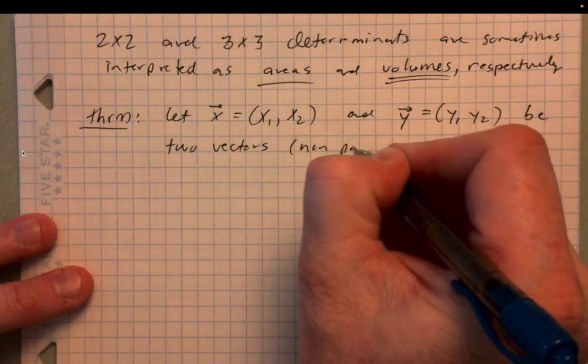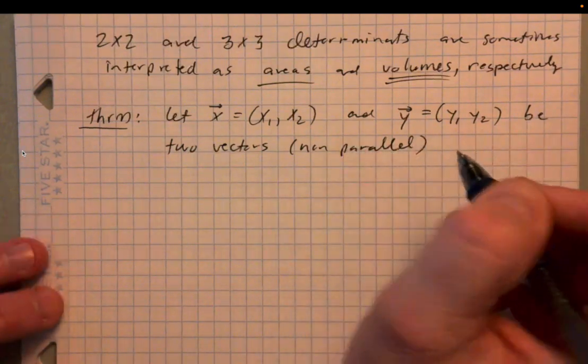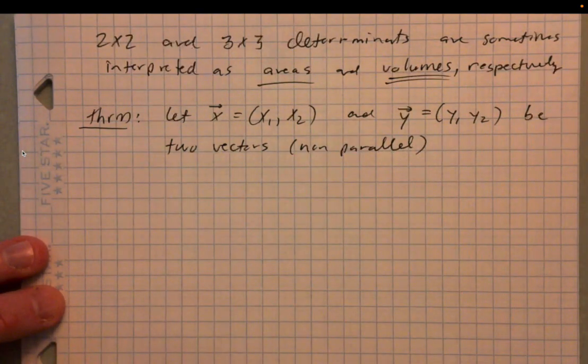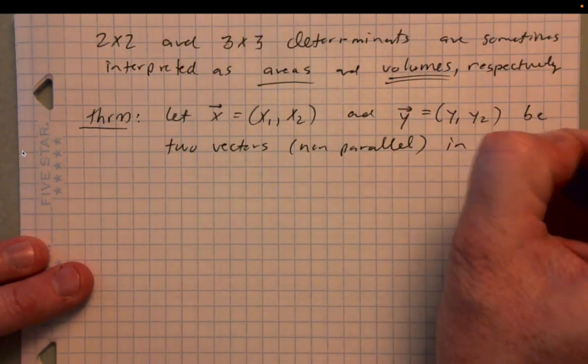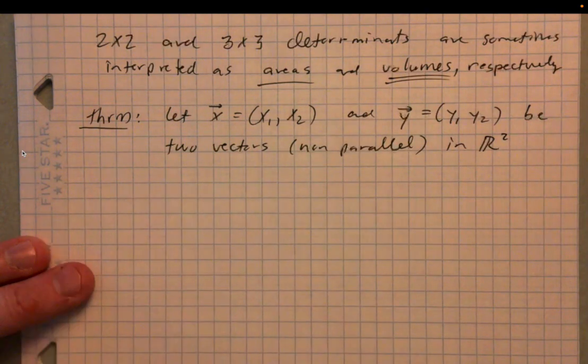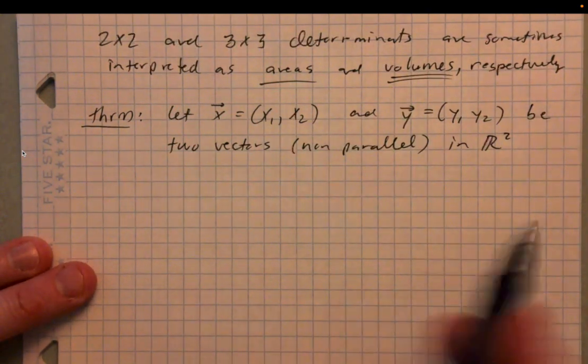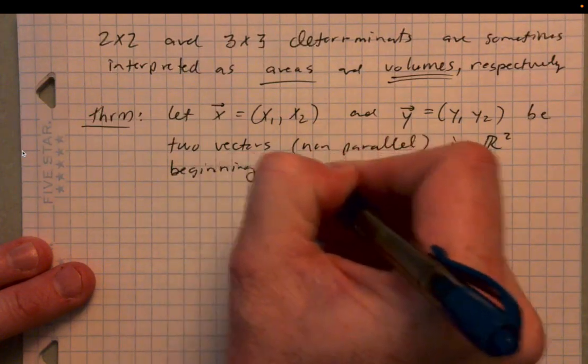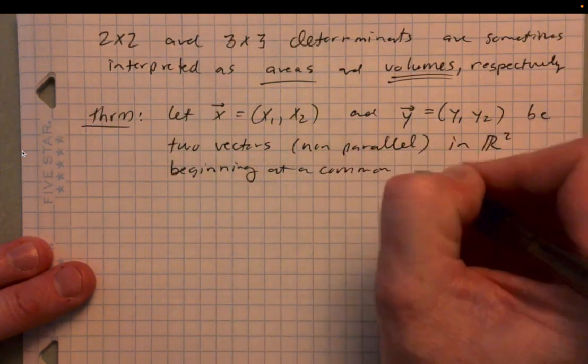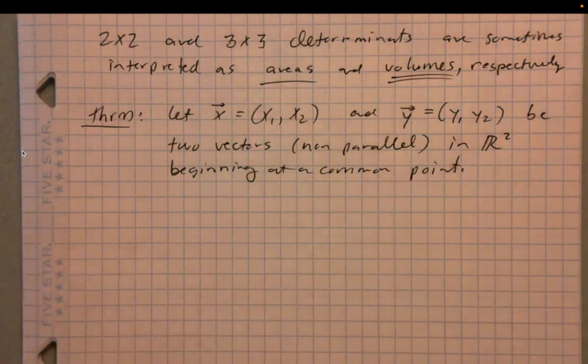They can't be parallel, otherwise this doesn't work. So they're two vectors, non-parallel, in R2, naturally, and they need to begin at a common point.